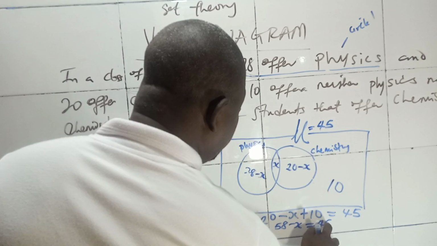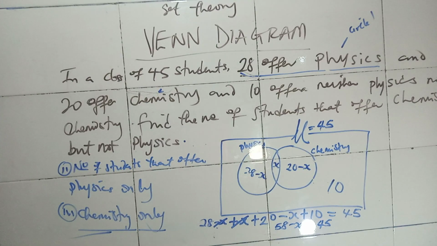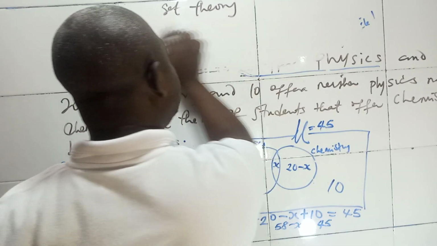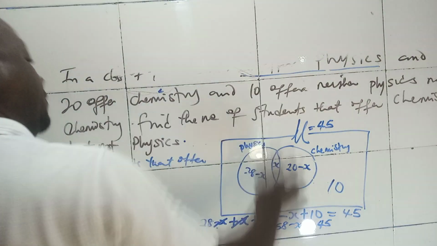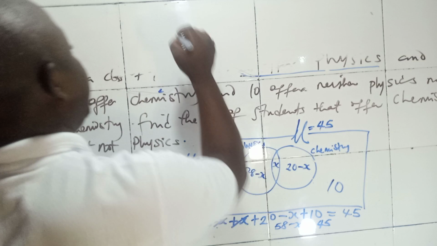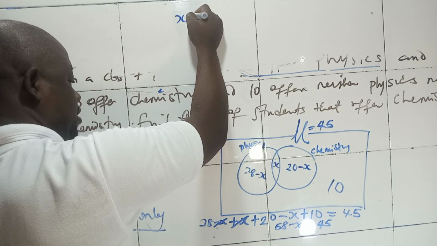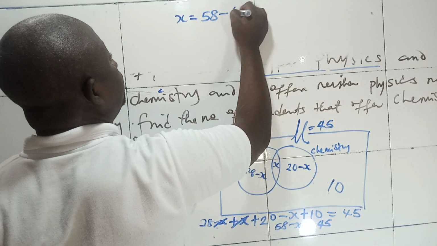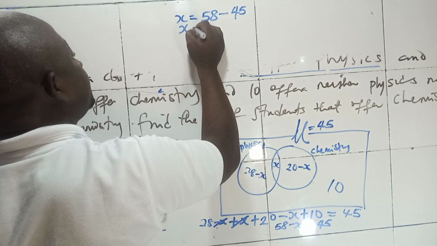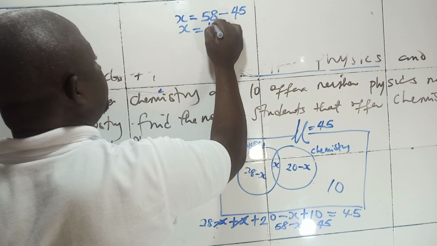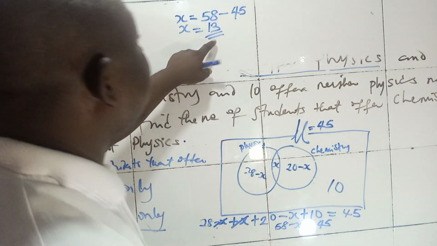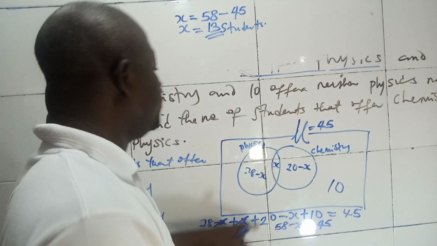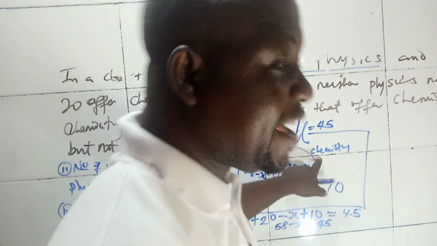If you do the simplification, that is collecting the like terms, you can now have x equal to 58 minus 45. So x is equal to 13. So it means that 13 students offered both physics and chemistry.